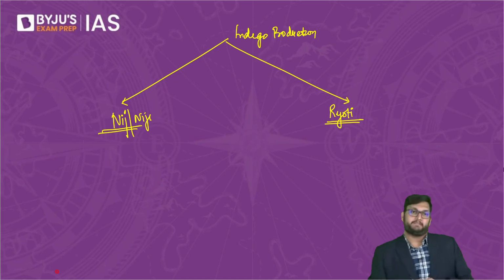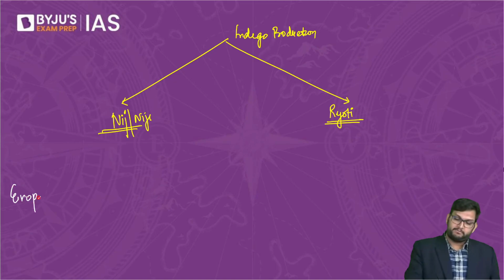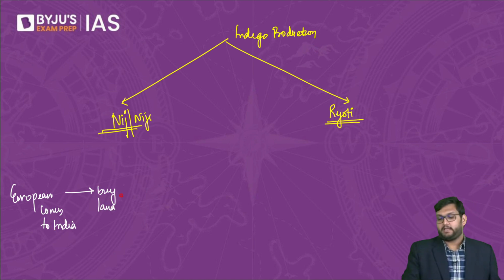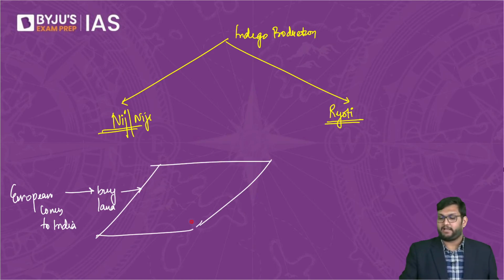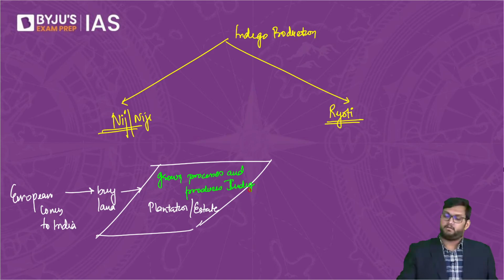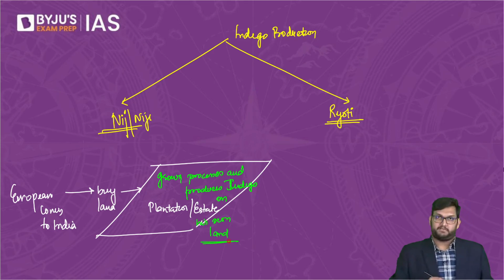Now, what is Nij? Under Nij, what happens is a European comes to India. He buys land and creates an estate, creates a plantation or estate. Then he grows, processes and produces indigo on his own land, which is that the land is technically owned by the European.